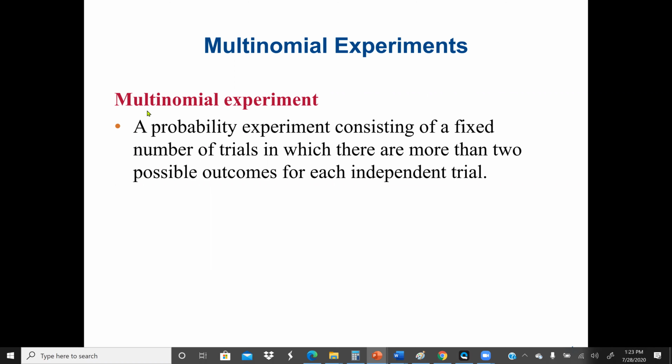A multinomial experiment is a probability experiment consisting of a fixed number of trials in which there are more than 2 possible outcomes for each independent trial. With a binomial experiment, the possible outcome for the experiment is 2.